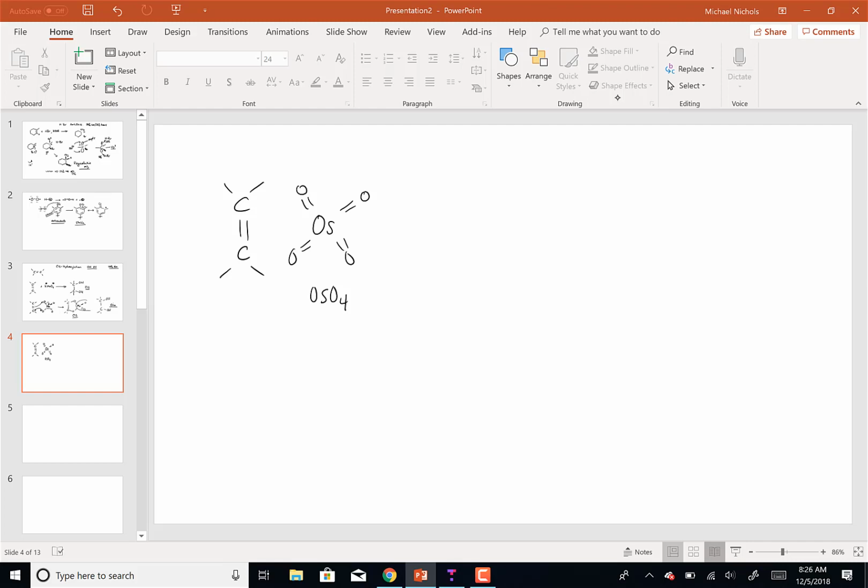Only in this case, I'm going to take this pair of electrons, and then I'm going to move that there, and again, bring the pair of electrons back down to the osmium. So in this case, same 5-membered intermediate.